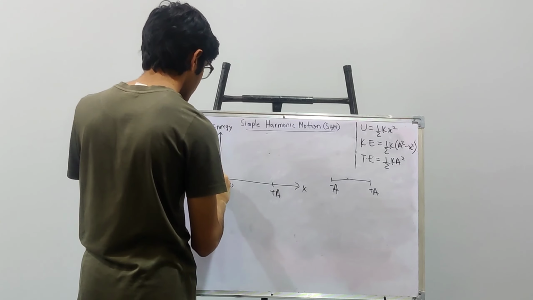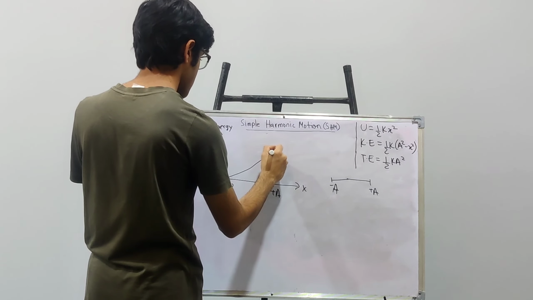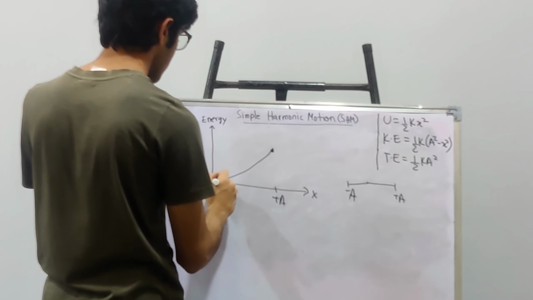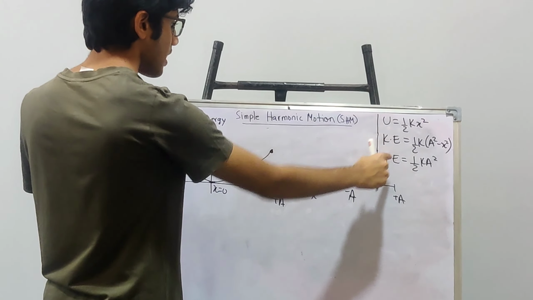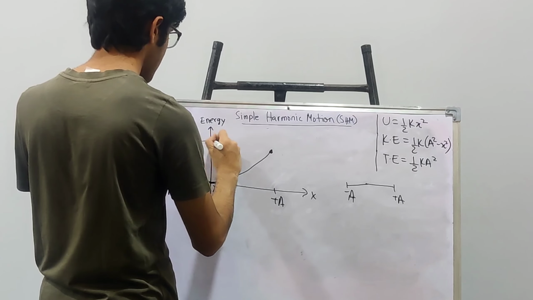So when we draw the graph, it will become an open parabola like this. This is the graph for the potential energy, and it will be 0 at x is equal to 0. On the other hand, for kinetic energy, it will be just the opposite. It will be like this.